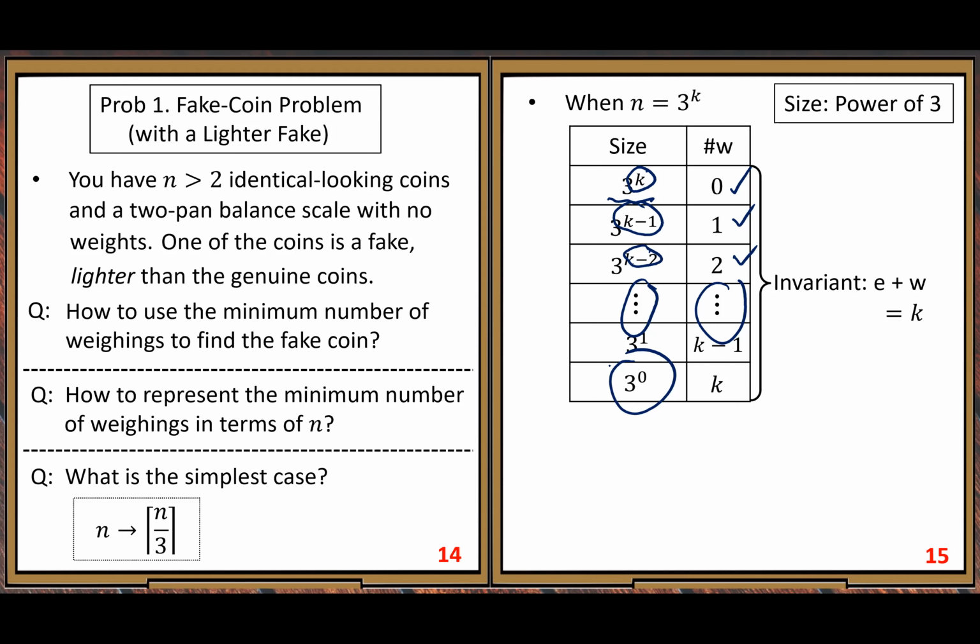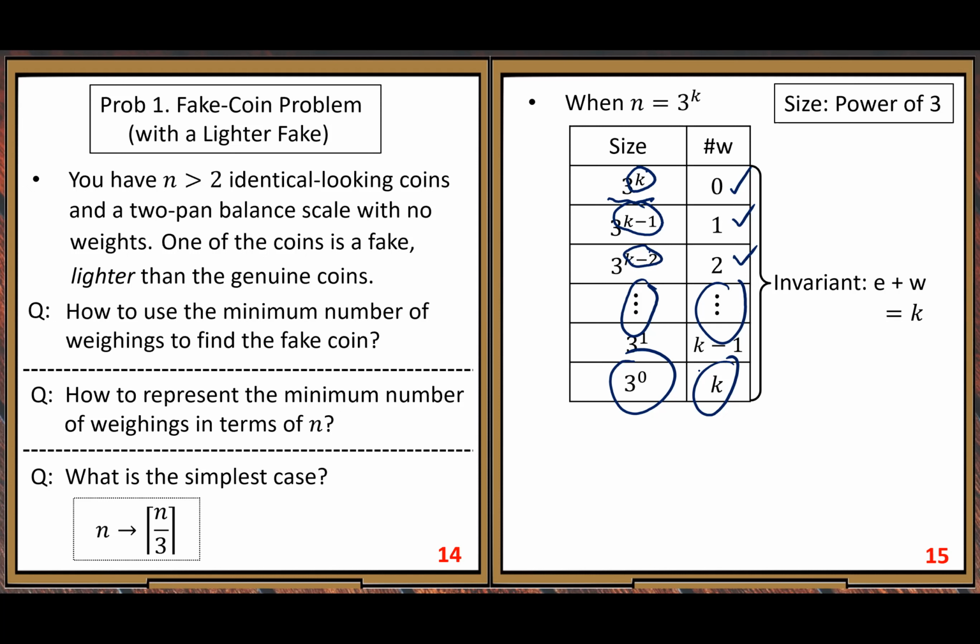So this is the fake coin. One final group contains the fake coin. Is that one? 3 to the 0. How many weighing? Based on the invariant relationship, K weighing. How about that? Is that the answer we want to have? K.